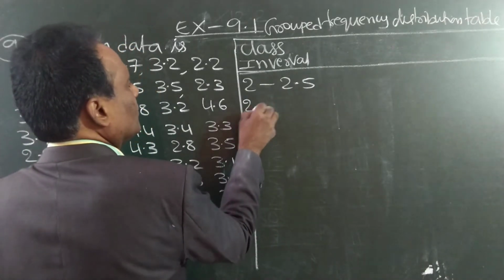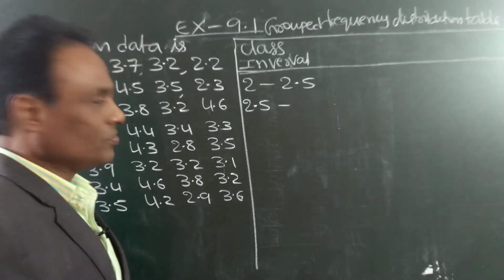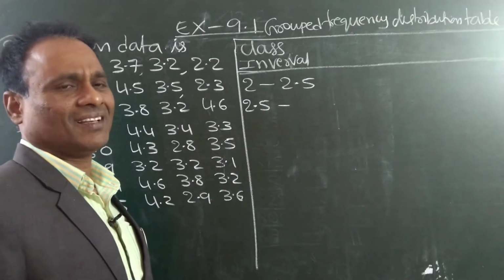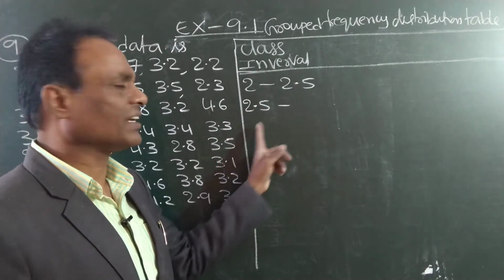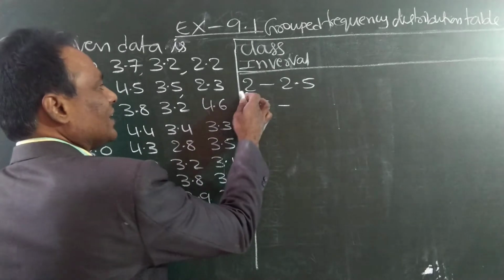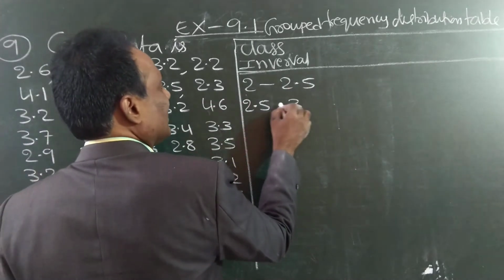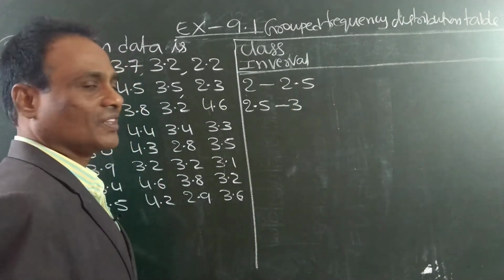Next, 2.5 to 3.0. Add 0.5. So 2.0 to 2.5, 2.5 to 3, 3 to 3.5, 3.5 to 4, like that you put the decimal in between. 3.0 means after the decimal we don't write 0.